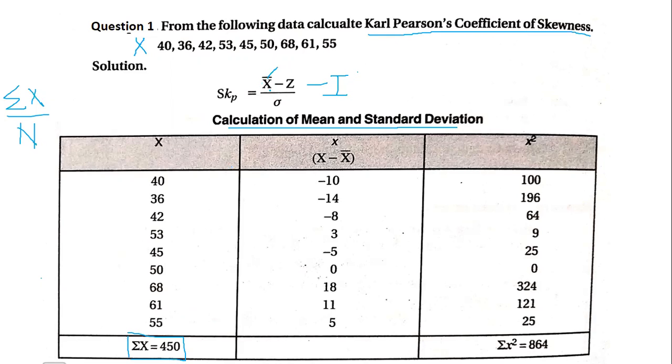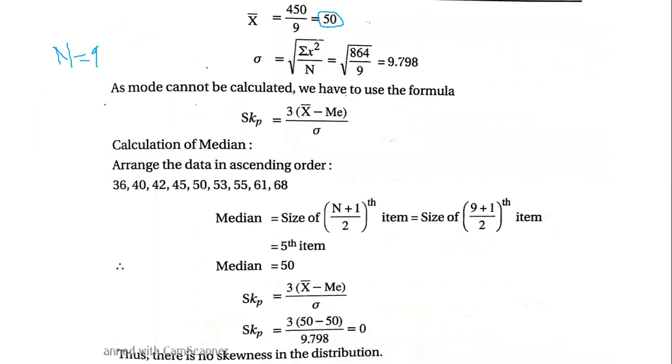For calculation of standard deviation, I have to find the deviations. For finding deviations, what will be my formula? X minus x bar. X I already have, and x bar I already found to be 50.